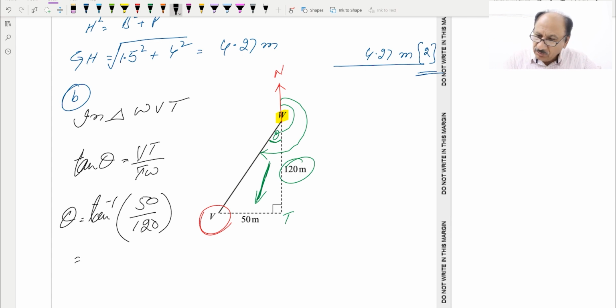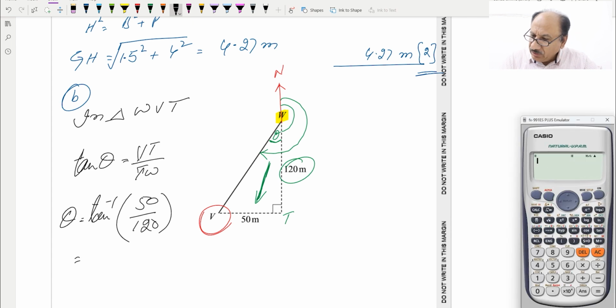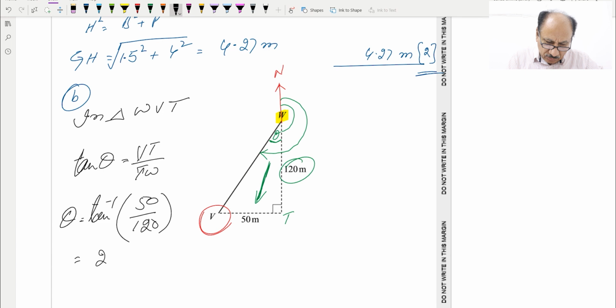This will be shift tan. Keep in mind your calculator should be in degree mode. 50 over 120, and this will result in 22.62. So the rounded answer up to 2 dp is 22.62 degrees, and this is only this much angle, and to this we need to add 180 to get the bearing.